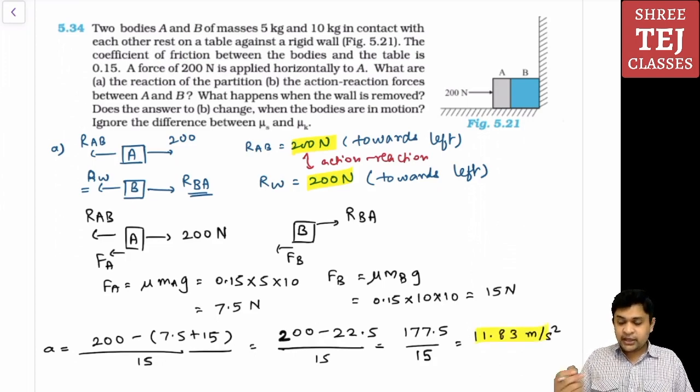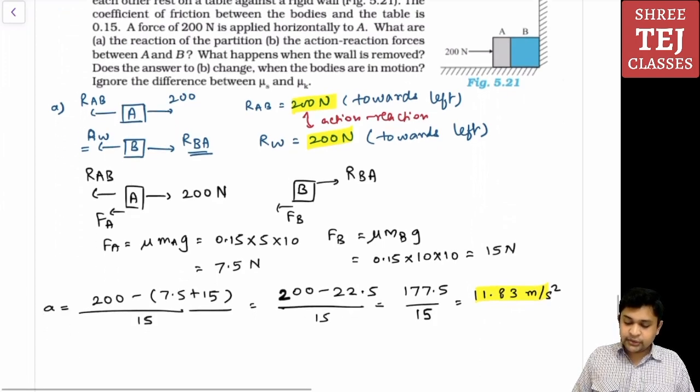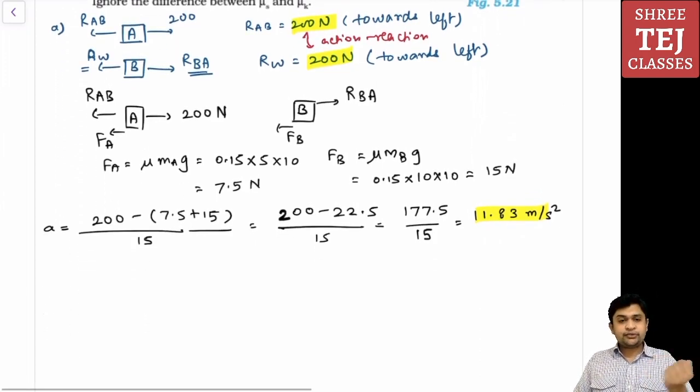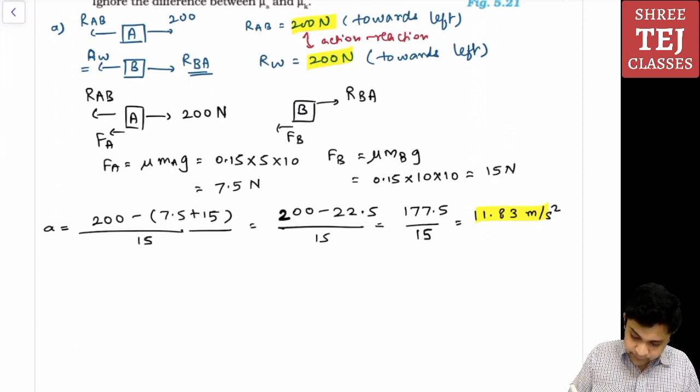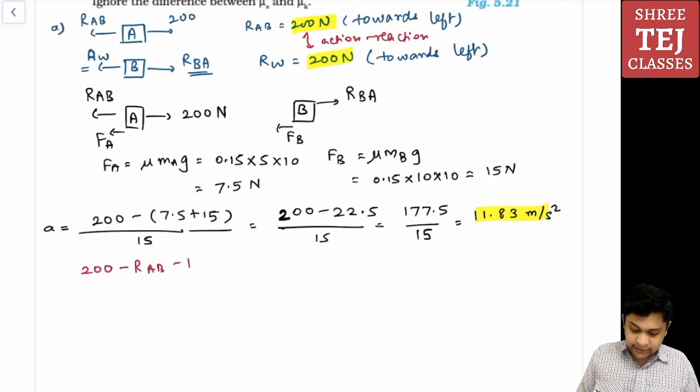Now we have to find their action reaction forces. We will just calculate the reaction force for A, and the direction of reaction force on B would be opposite, magnitude would be same. We have 200 minus R on A due to B minus F of A, that divided by mass.